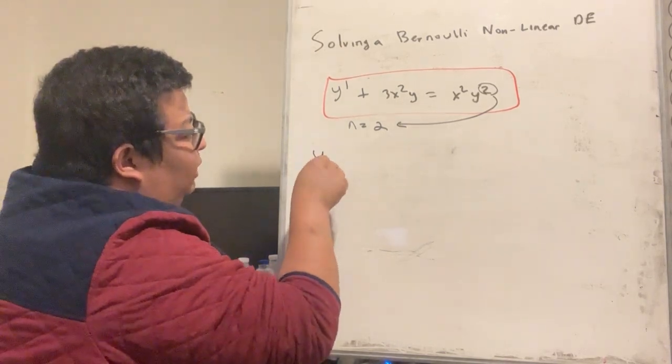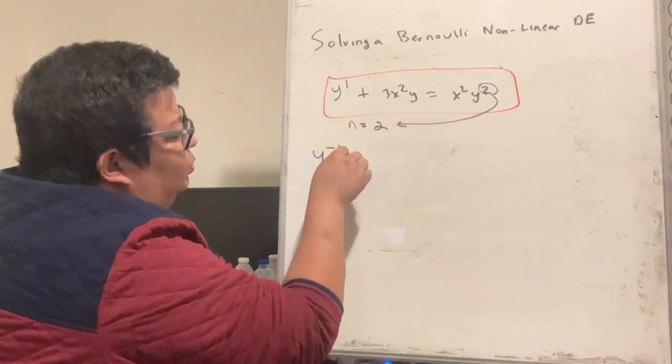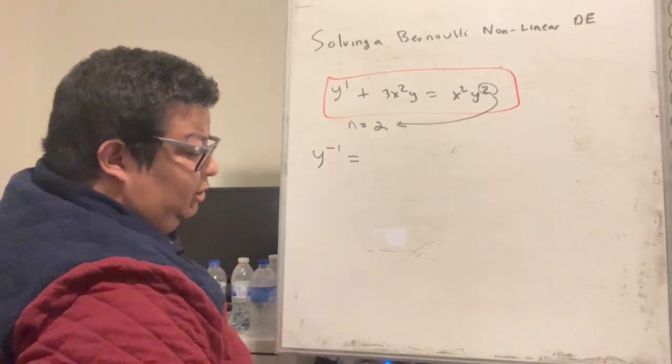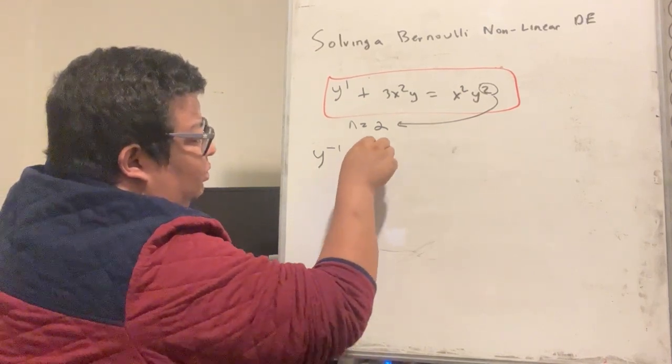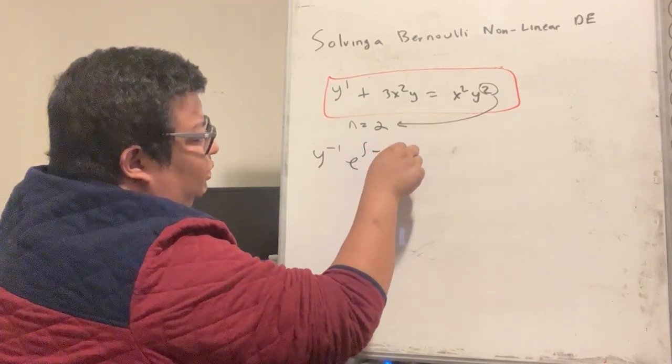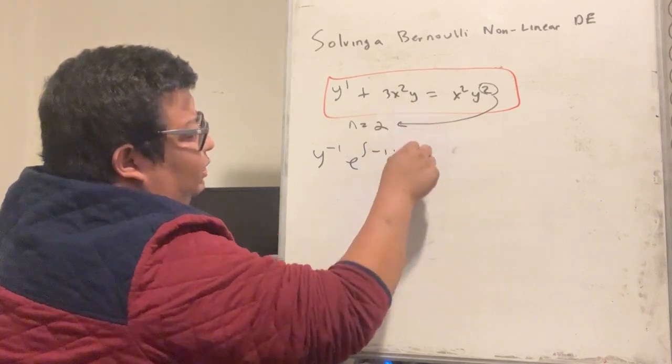So we have y to the 1 minus 2, which is y to the minus 1, multiplied times e to the integral of minus 1 times p(x), and p(x) is equal to 3x squared.